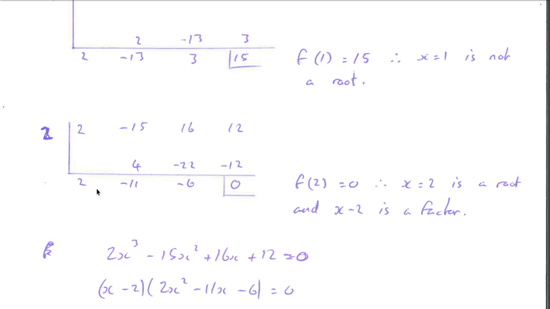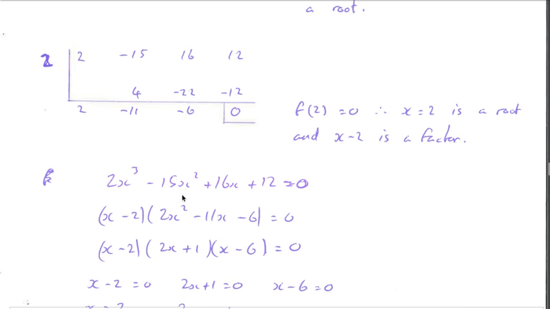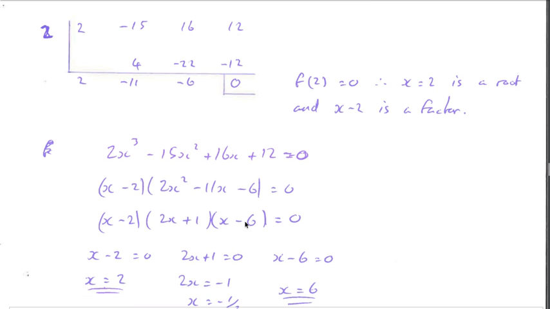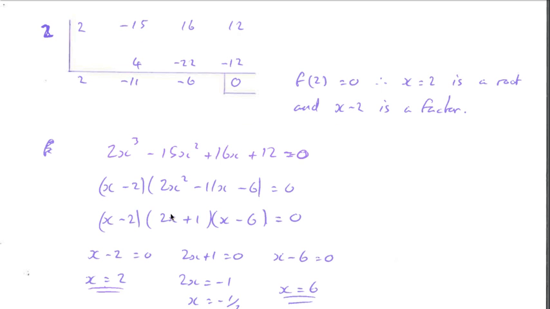And remember, the quotient part here gives 2x squared minus 11x minus 6. So we just need to factorize that. So remember, we are looking for a pair of numbers that multiply together to give minus 6. But also, when we do 2x multiplied by this term and x multiplied by this term, we need to get this minus 11x in the middle.